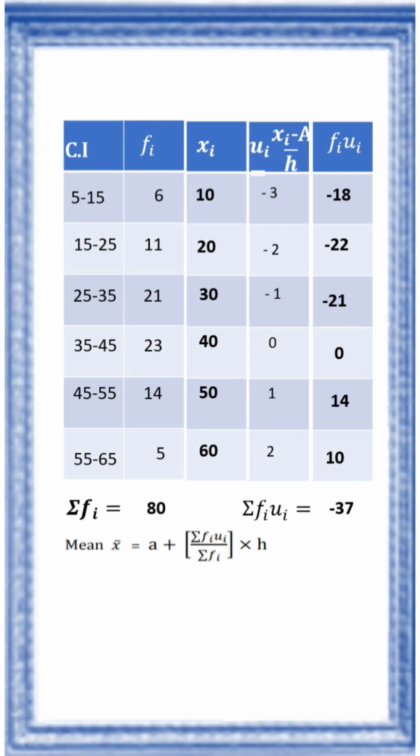That means we have to add all the numbers under the frequency column, which is equal to 80. Now let us add one more column for class mark or midpoint of the class interval. How will you find midpoint? Here add 5 plus 15. What is it? 20. 20 by 2, what is it? 10.